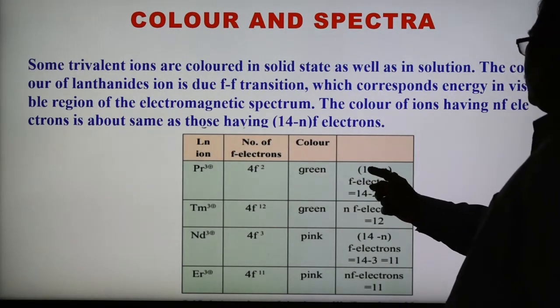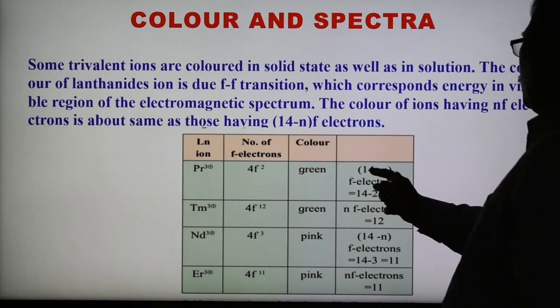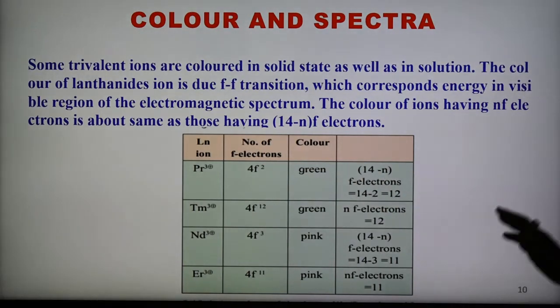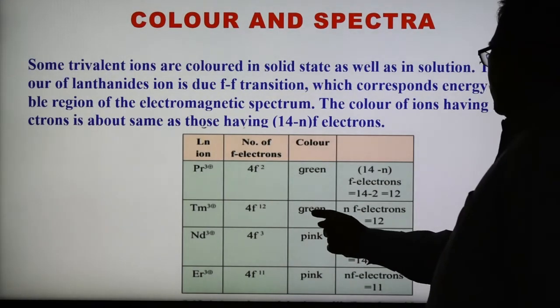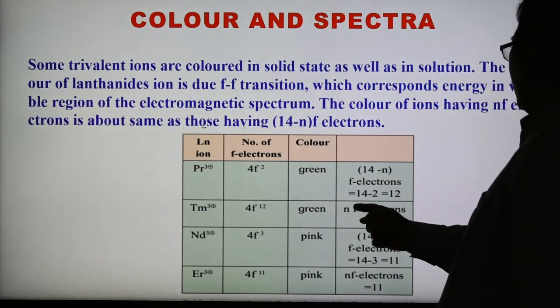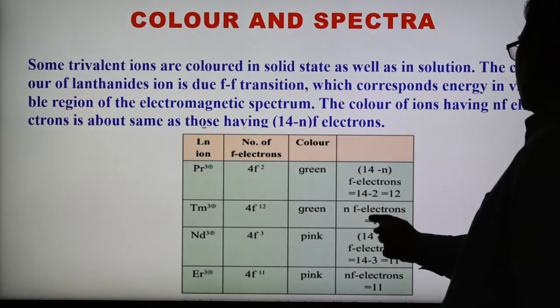The formula is 14 minus f electrons, so 14 minus 2, since f electrons are 2, gives 12 electrons. In case of thulium, here also there are 2 electrons in f, so again 14 minus 2 gives 12.